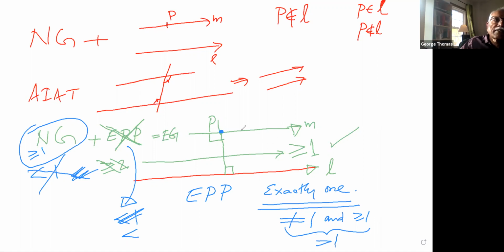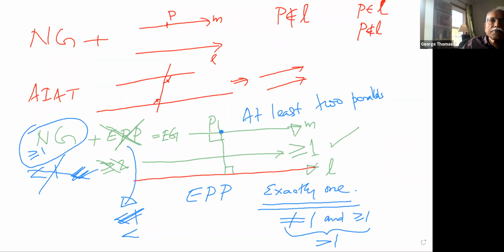That means, as Siddhartha said, at least 2 parallels. Now, it is difficult for us to imagine 2 lines through P that do not meet L.